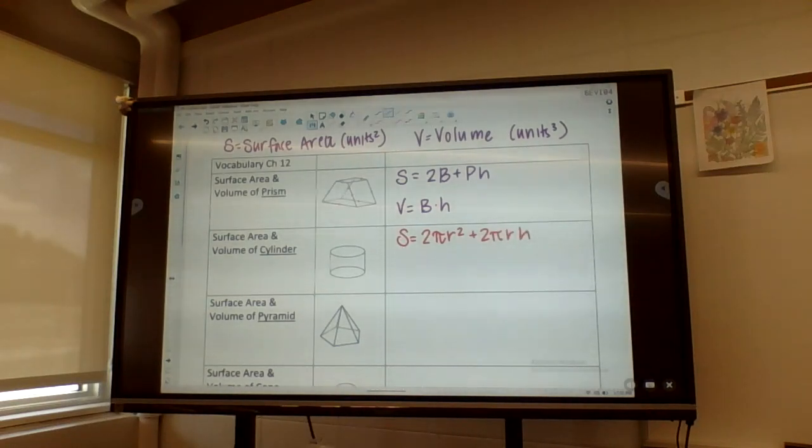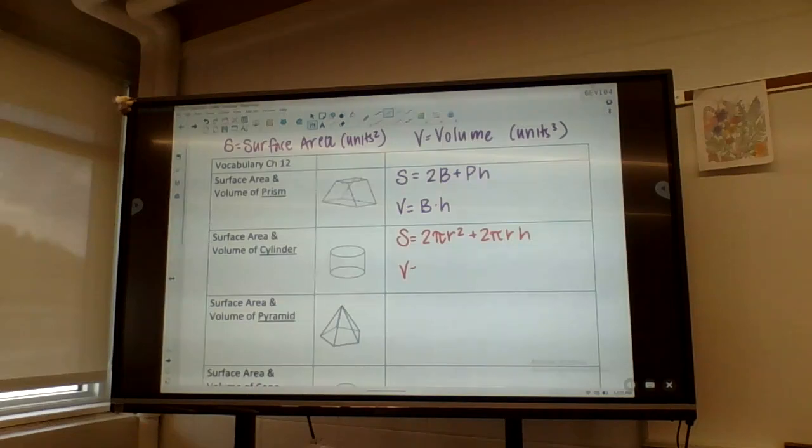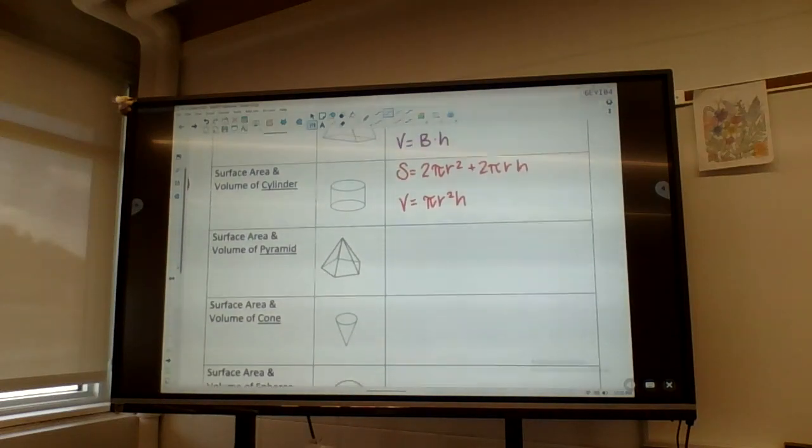Now, technically, it's the same formula as what we had up above, but I think it's a little bit easier to understand this way. And then our volume. Our r is obviously the radius. Maybe not obviously, but it is.